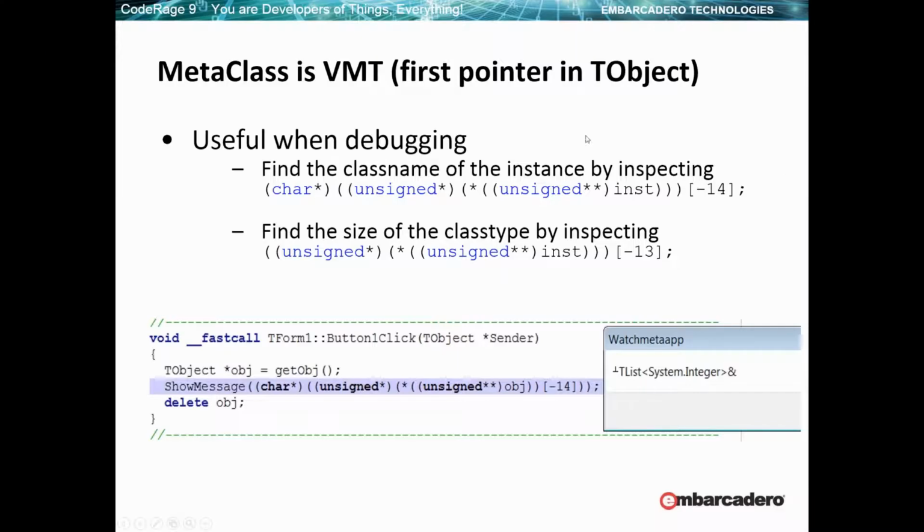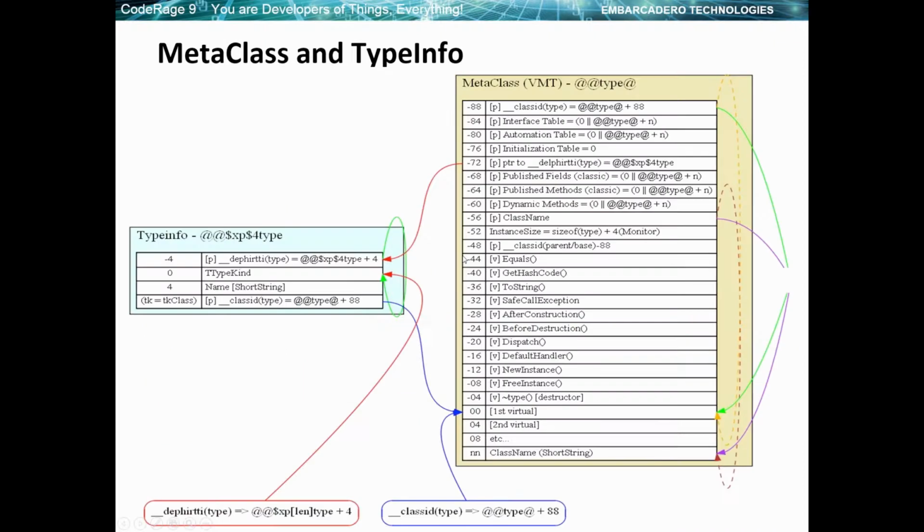What I would do is just go to the vtable and look at the pointer. You can see there's a bunch of virtuals here: the free instance, the new instance, the default handler, dispatch, before, after. All these functions happen to be in the system unit, so they all are at the same addresses, more or less. They're just a few bytes away from each other, and they all look like valid code.